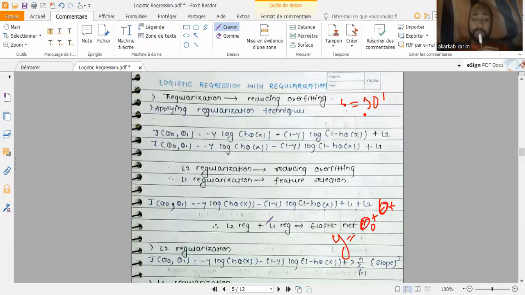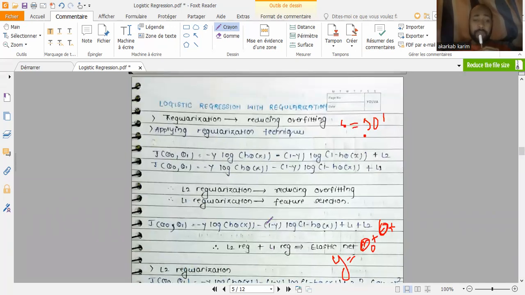Because as I told you before, if accuracy is high, maybe 90%, that means the error is very small, very close to zero. But for us in training, we don't want this very small value. For this reason, we need to add a second term, that's what's called L2 regularization.